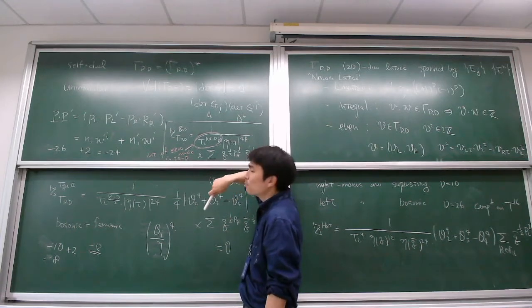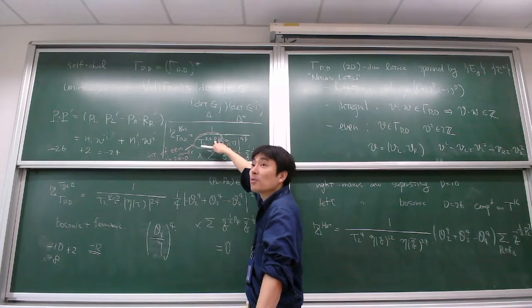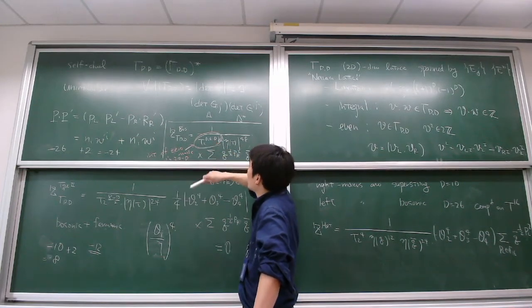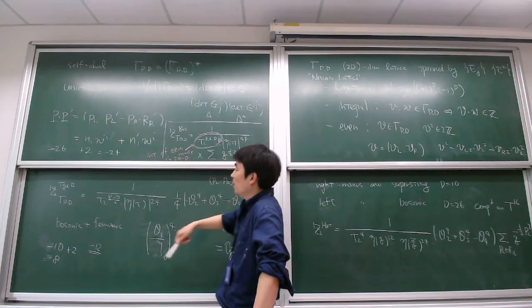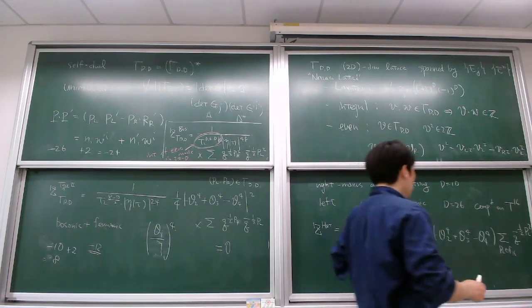I shouldn't use d here in the lecture note; maybe I should use small d because it's different from the dimension of space-time. So this d is the dimension of the lattice. So d is 16, and 24 minus 16 is 8, and 8 divided by 2 is 4. It's the same: (8 minus d) divided by 2 is equal to 4. That is easy.